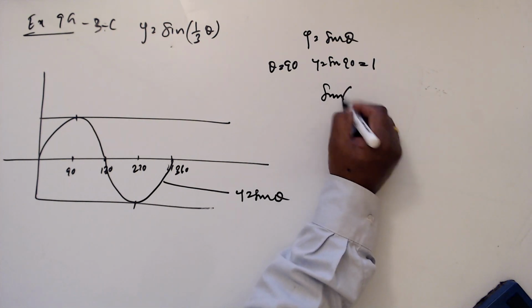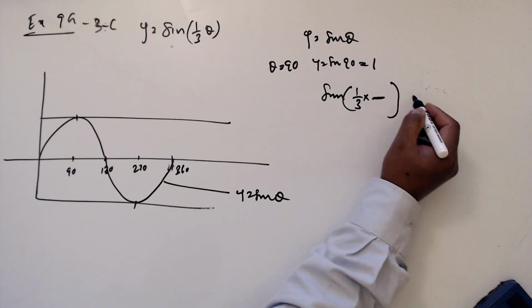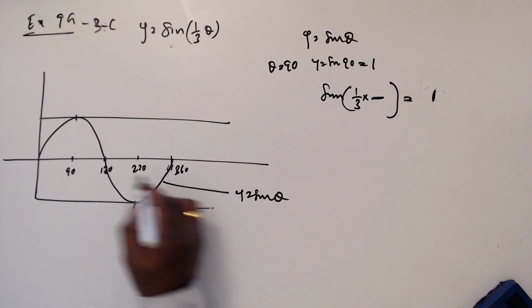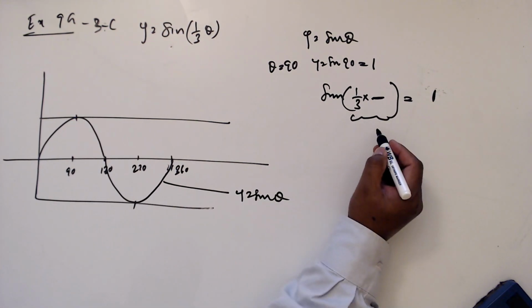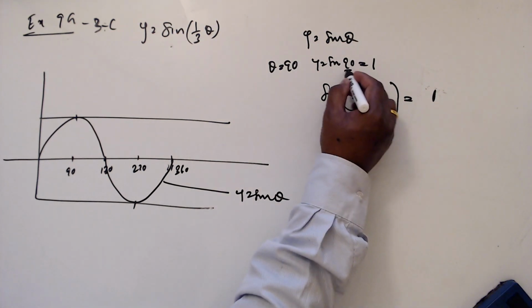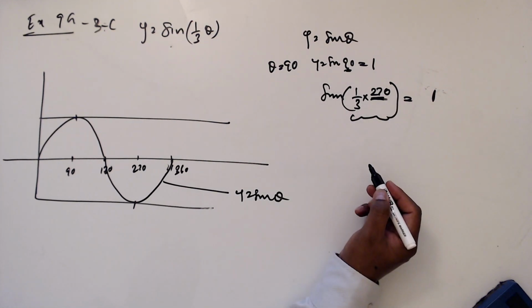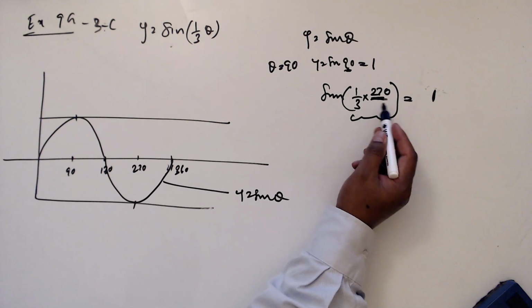Sine of 1/3 times theta, I want to get 1. We know that sine 90 has to be 1. So to get sine 90, which value do I need to put? 270. 270 divided by 3 is 90, which gives 1.